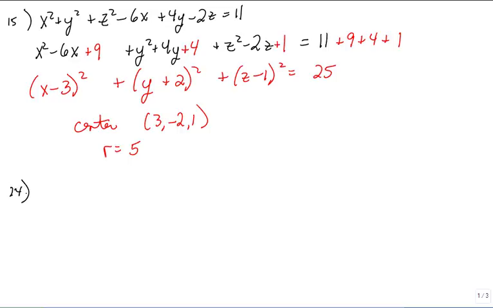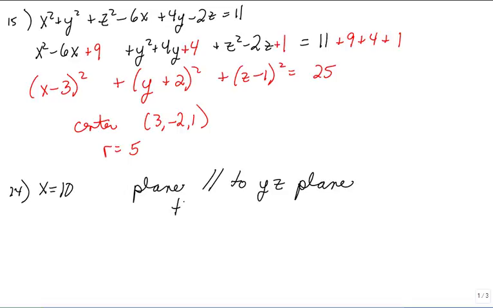24. Okay, we have to describe the region where x equals 10. Okay, that's a plane parallel to the YZ plane, and it passes through the point 10, 0, 0. Okay, let's see.